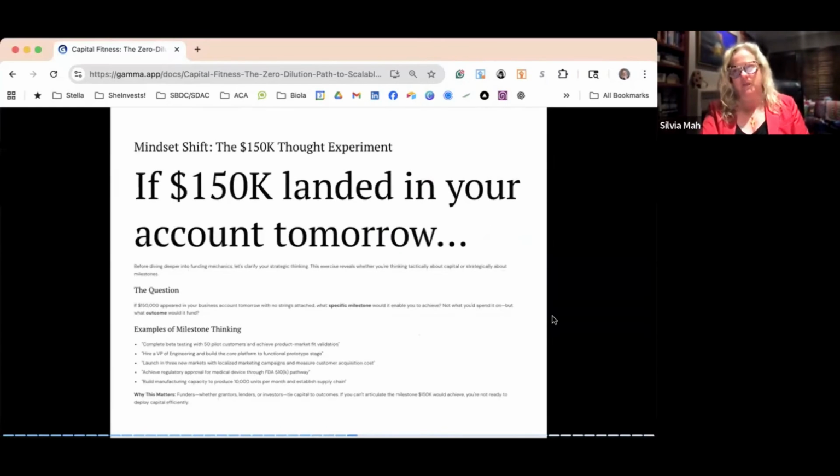Okay, let's take 2 minutes, and as we shift our mindset, this is the $150,000 thought experiment. If 150K landed in your account tomorrow, what would you do? With no strings attached, what specific milestones would you be enabled to achieve?